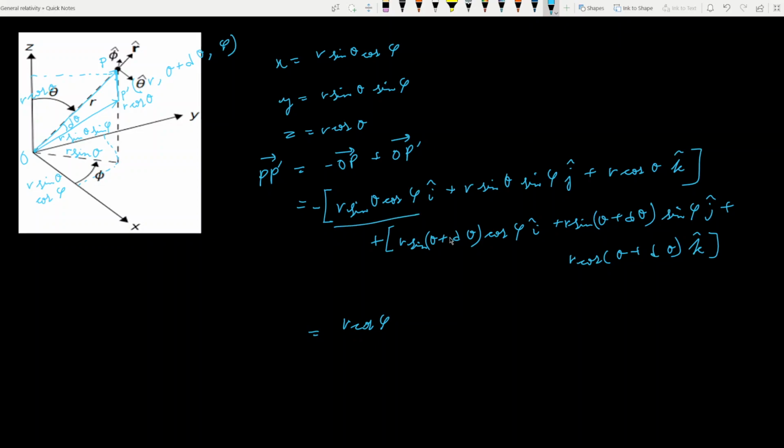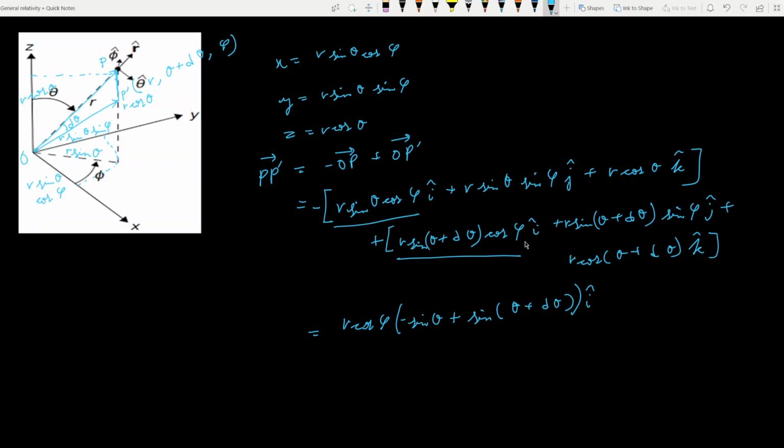It's this term right here, and then this term, and the rest of them we don't have cosine phi, so it should be minus sine theta plus sine of theta plus d theta. That's just in the i hat direction, right?